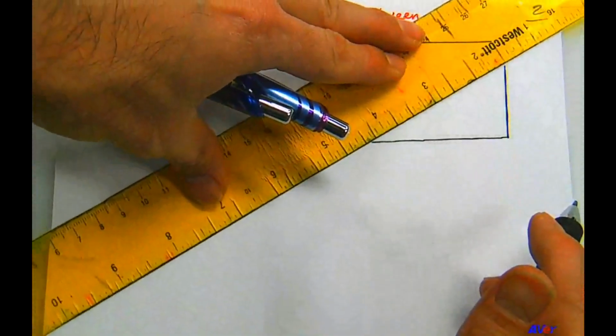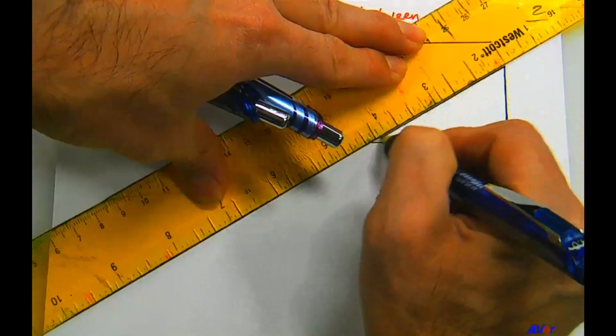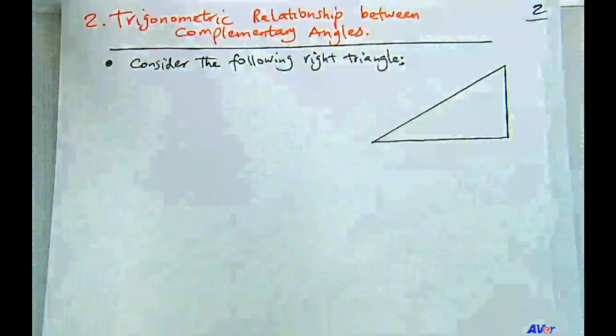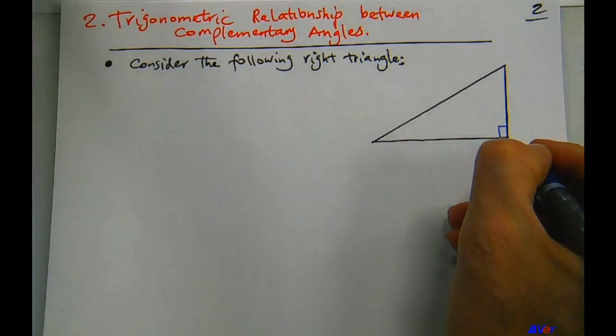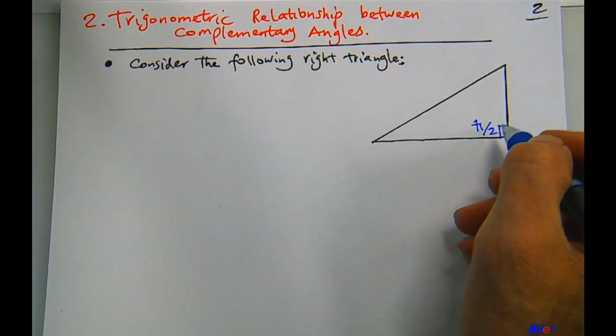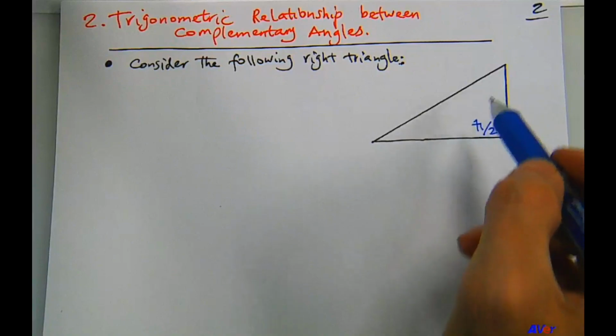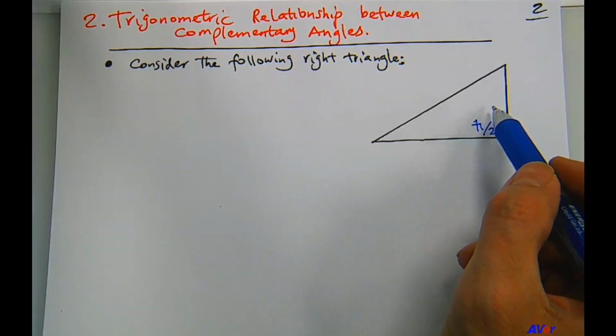And let's connect these two points or vertices like that. So we know that this angle is pi over 2. Remember that the sum of the angles within any triangle should be 180 degrees, right?